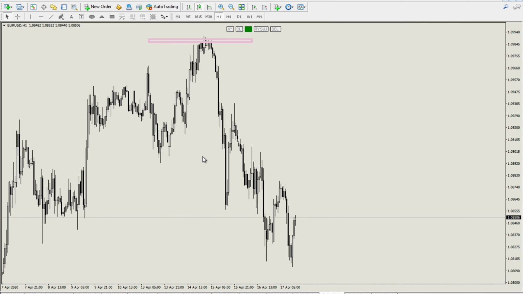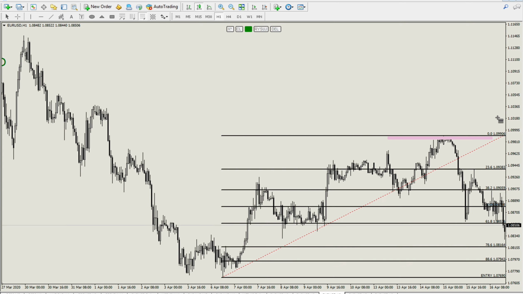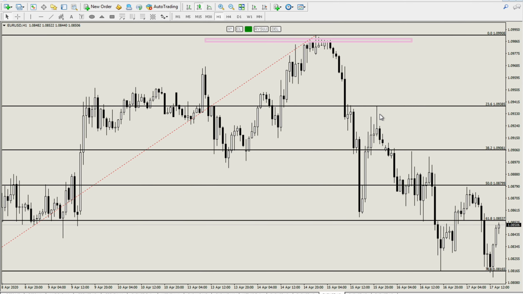What we do then, we check for harmonic pattern formation. And here we are. We can see that the market is reacting at 161.8, which is a very nice signal for us.